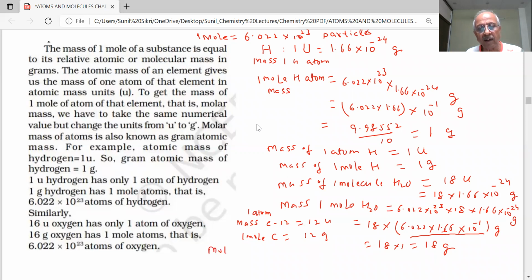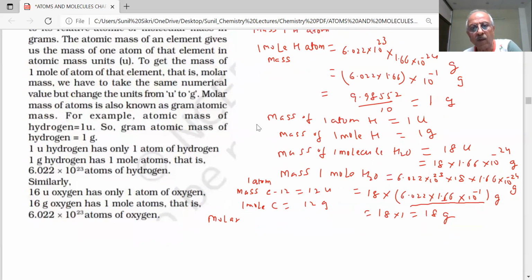So what I am defining, student, is molar mass. Molar mass means the mass of 1 mole. Mass of 1 mole of an element will be numerically equal to what?